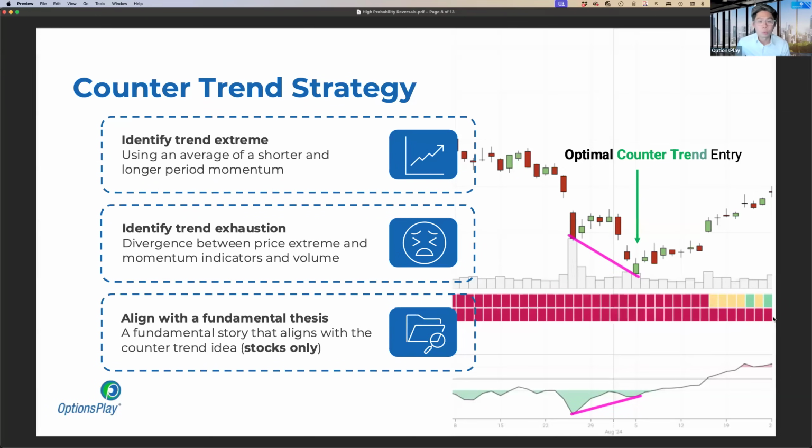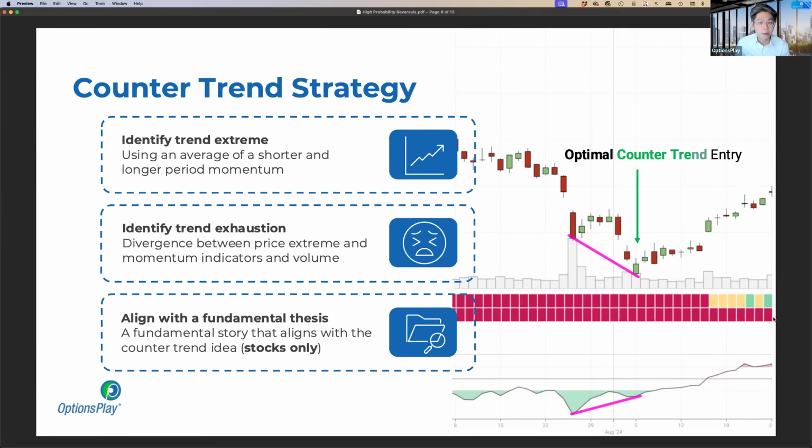What we're looking at is when the price extreme on both timeframes has reached a certain extreme level on the buy and sell side. That gives us far fewer false signals than if you were to use a standard 14-period RSI, which is what most traders will use as a standard momentum indicator, somewhere between 14 and 20 periods.